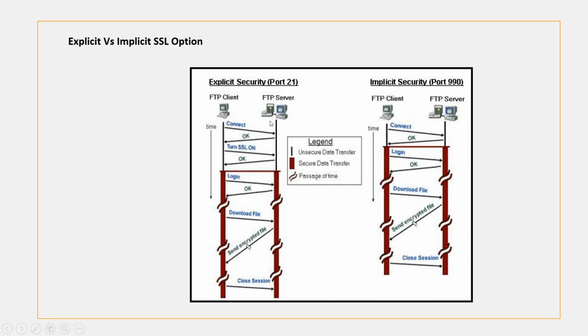So first the client connects to the server and asks to turn on this SSL encryption, and then the secure channel will be established. While in implicit mode, the client connects to the server and TLS or SSL encryption is switched on implicitly as soon as the channel is established. So you don't explicitly have to specify it. As soon as it connects, a secure channel will be established in the case of implicit security.